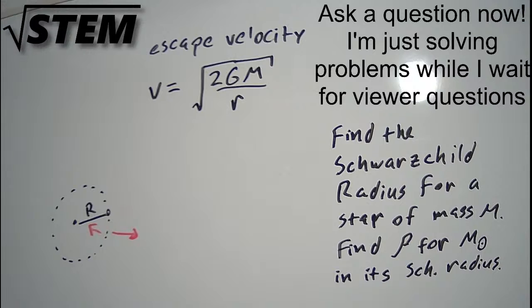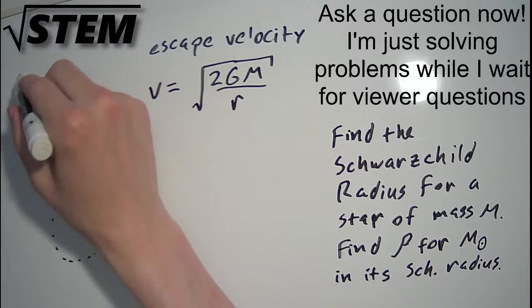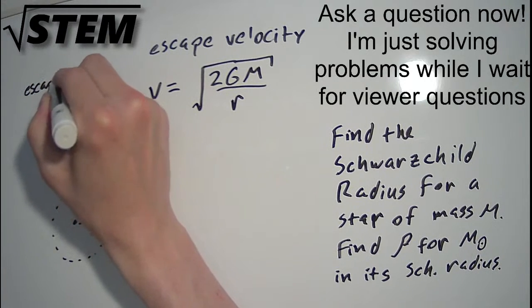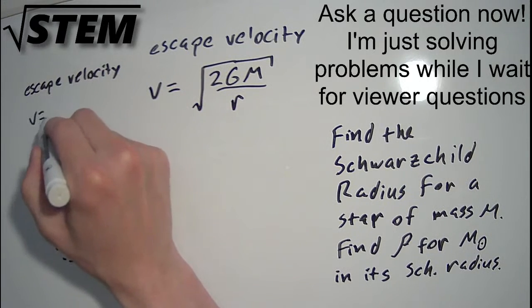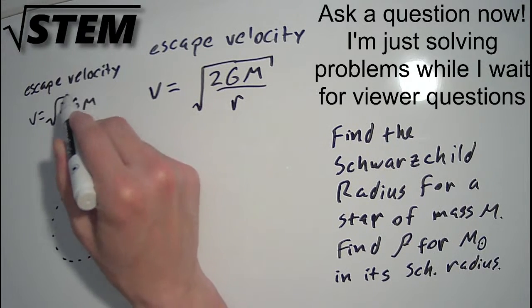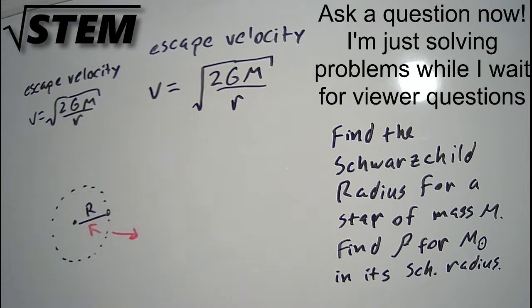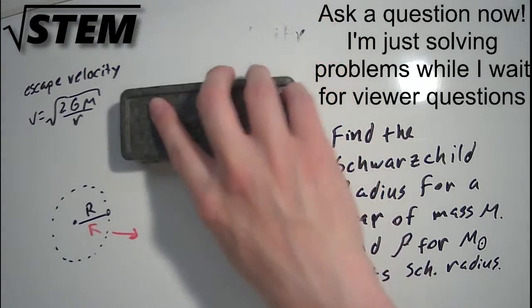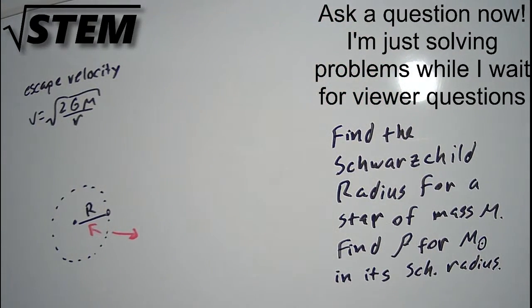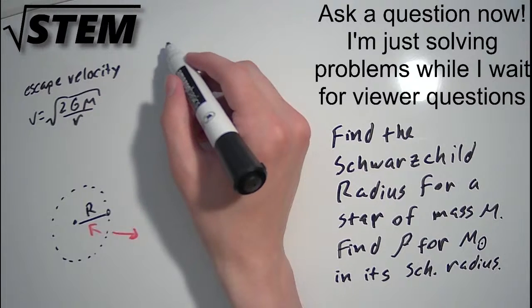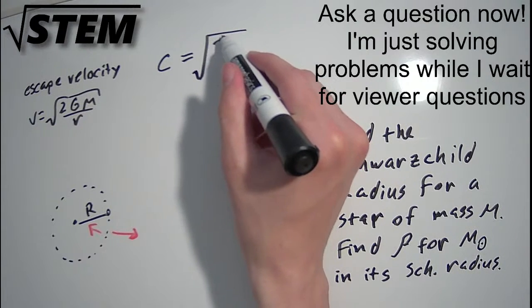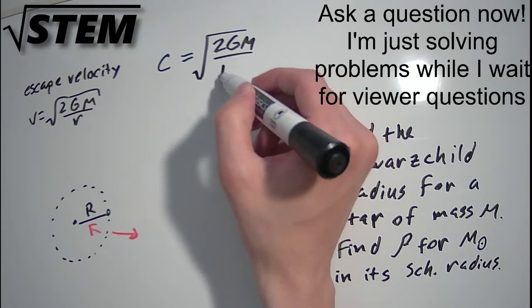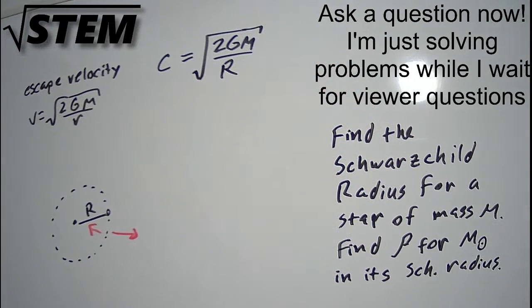So, actually I'm going to rewrite that over here so I can have the middle to work with stuff. So if the escape velocity is right at the speed of light, we should be exactly at the Schwarzschild radius.